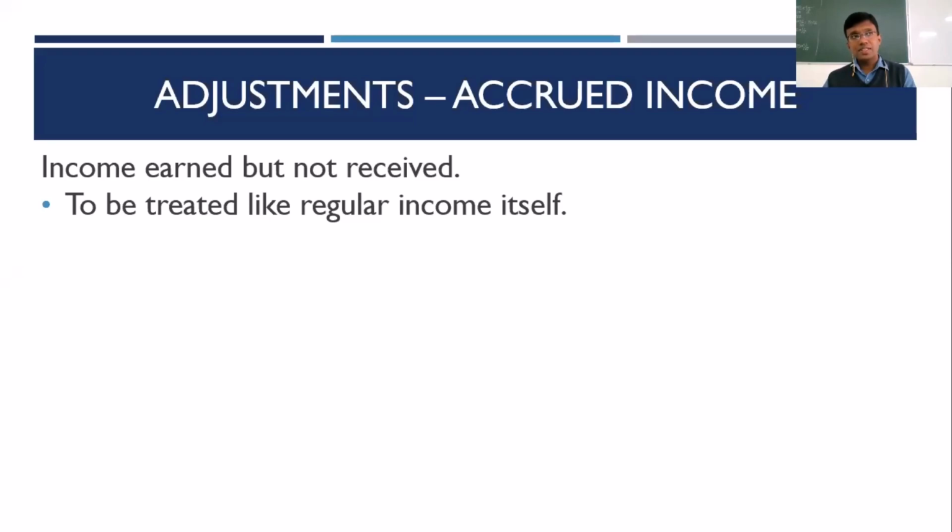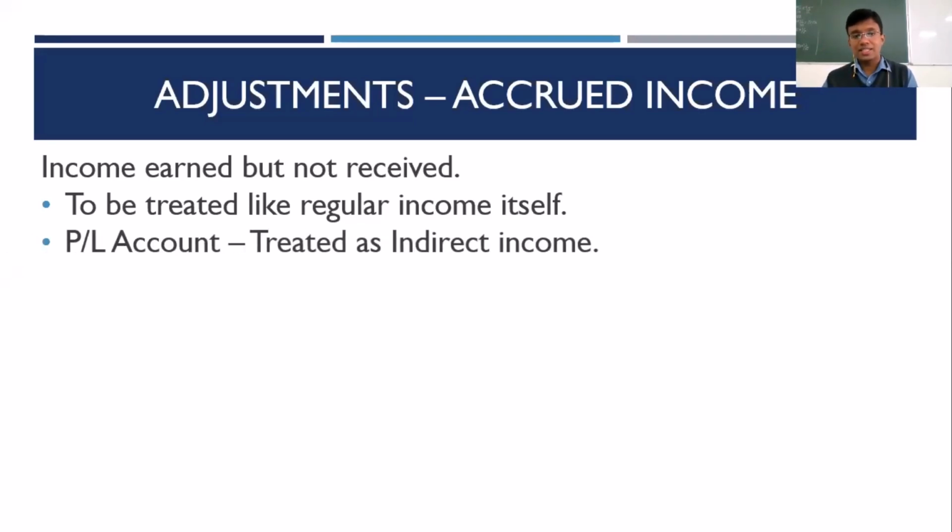You have earned it but not received it, so you will be treating it as any other income. Usually we will be talking about only indirect incomes, because the only possible direct income that you can have is sales, and usually you will not be getting that, but you'll always be getting indirect incomes. So how do you go about treating it?